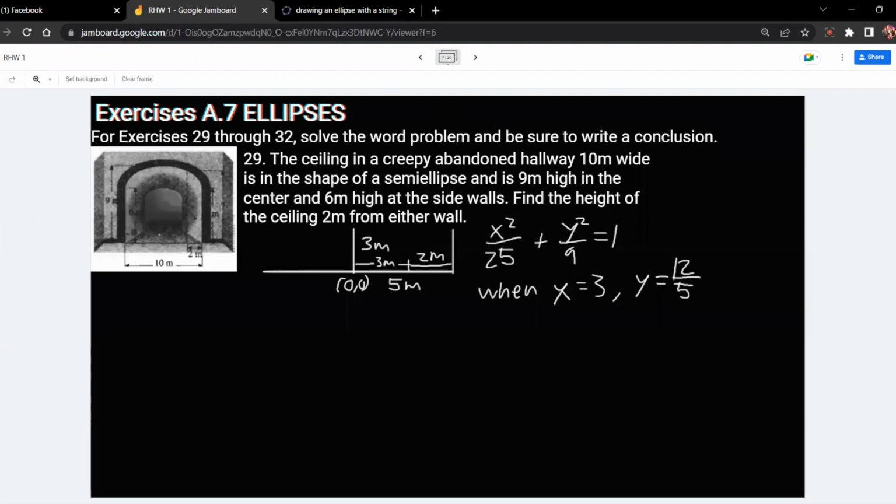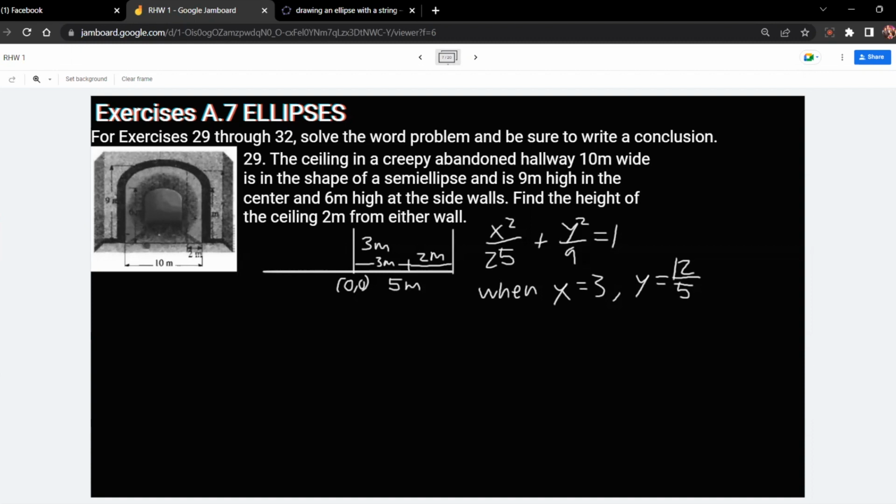Tinatanong ano yung tinatanong? Find the height of the ceiling 2 meters from either wall. So, teka, titingnan ko yung calculation mo.